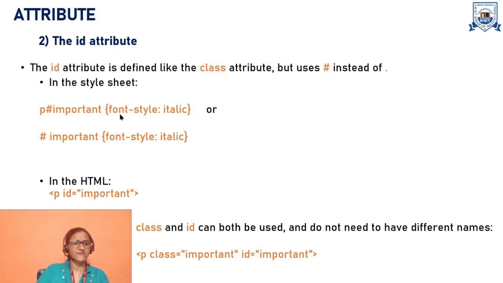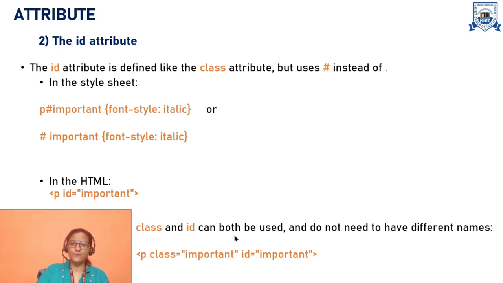Here we have given font style italic, or you can also omit the element and not give any element there. You can just give the name of the ID and the style. Now how can we use it in HTML? With P, we use ID equal to important, because the hash denotes the ID. So P ID equal to important.